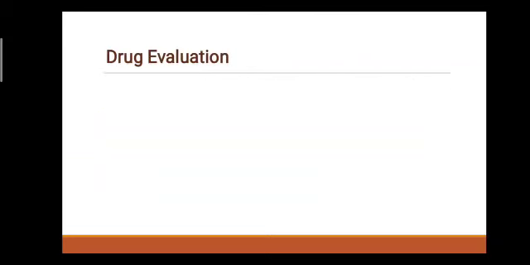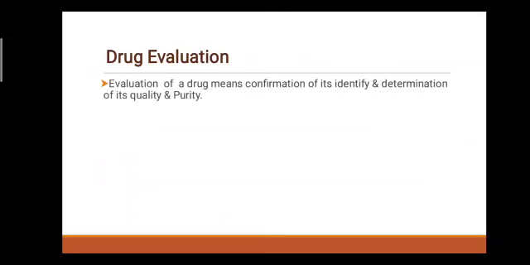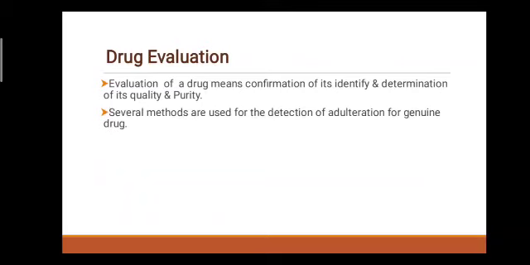Next point, drug evaluation. Evaluation of a drug means confirmation of its identity and determination of its quality and purity. Several methods are used for the detection of adulteration of genuine drugs.